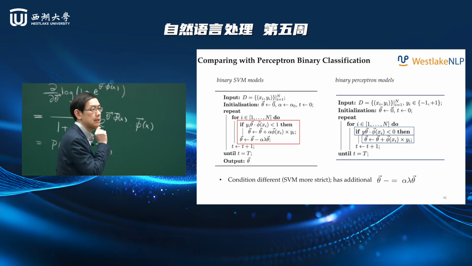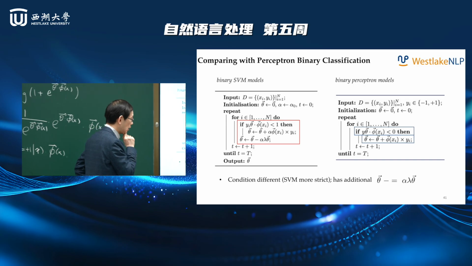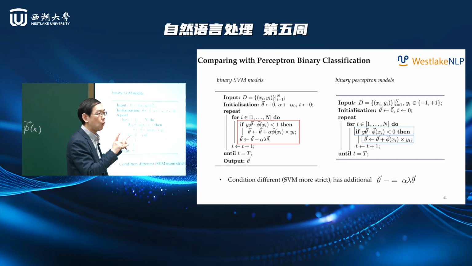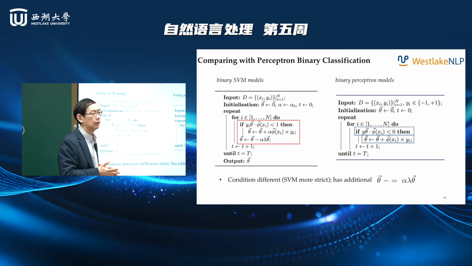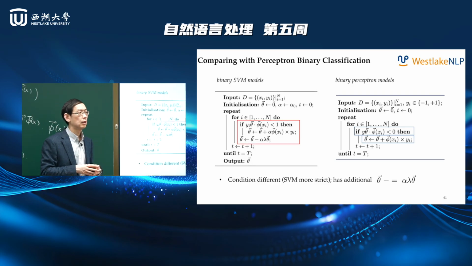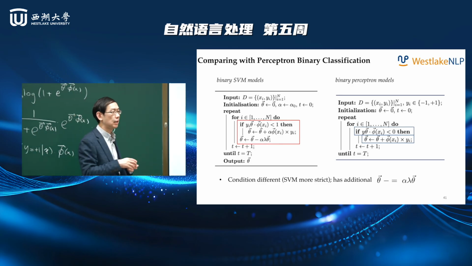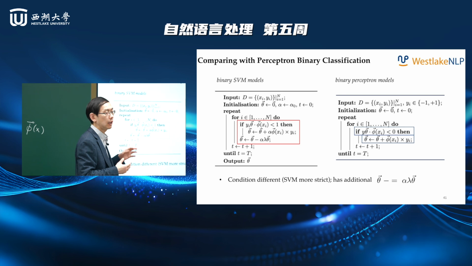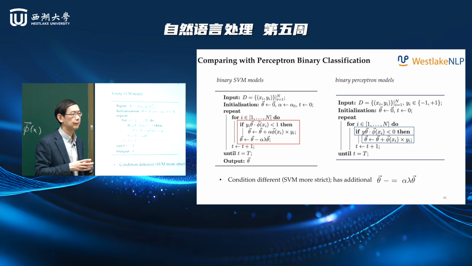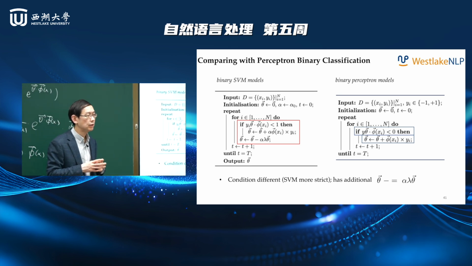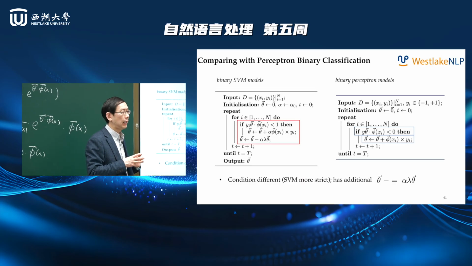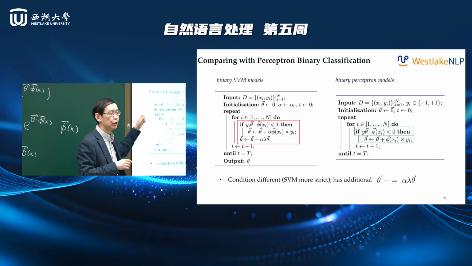When the condition is satisfied, both use y dot phi x to update my model parameter. It's just that SVM has a learning rate alpha, but we can forget about the learning rate. So the difference between SVM and the perceptron only lies in the condition.